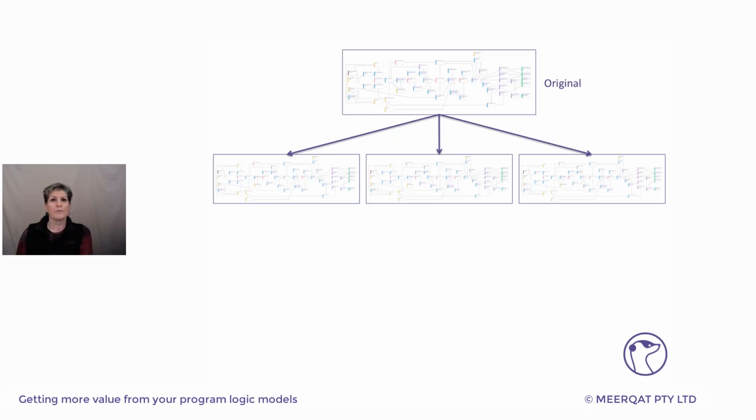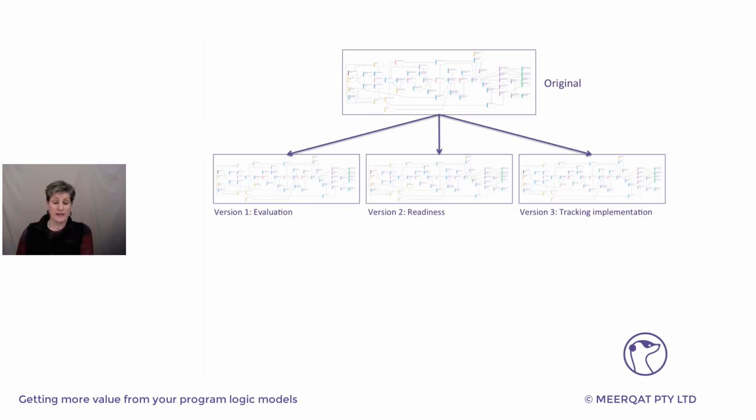So, for example, you could have one version that has rating scales appropriate for retrospective evaluation, another version with rating scales appropriate for assessing the readiness to implement a program, and yet another version with rating scales appropriate for tracking implementation in real time.